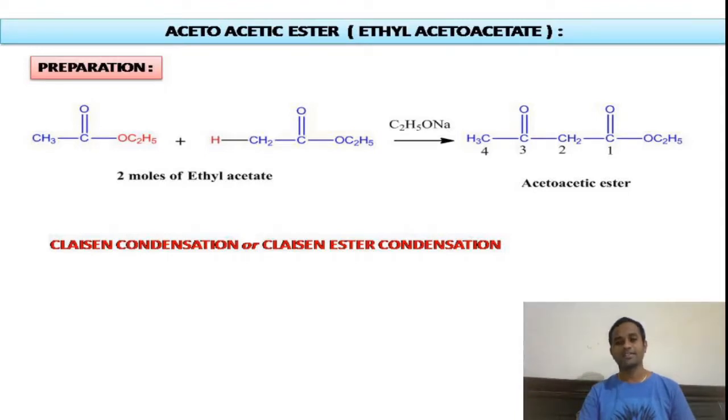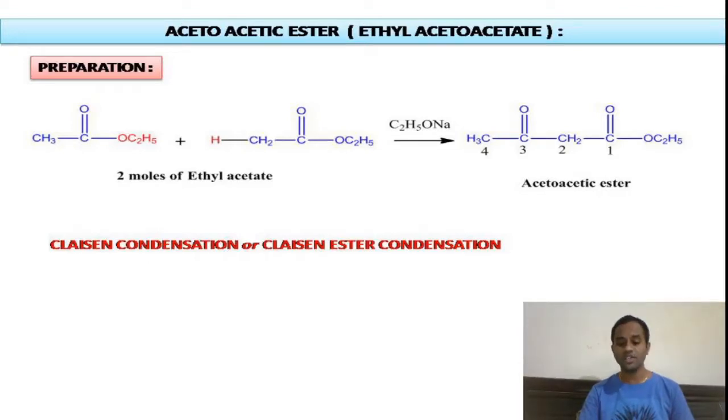It involves ester groups having alpha hydrogen atoms in presence of base to give beta keto esters. This named reaction is called Claisen ester condensation.